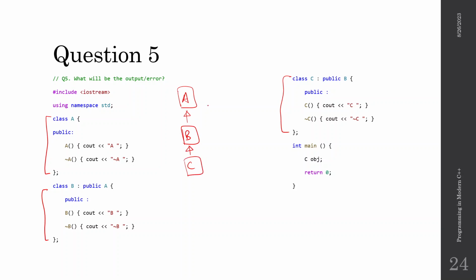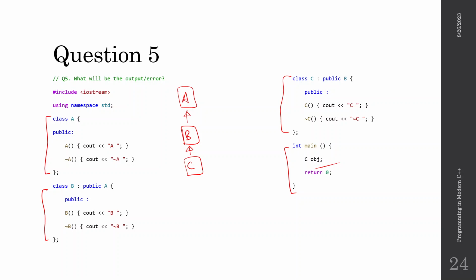And now in the main function we just create an object of the C class.